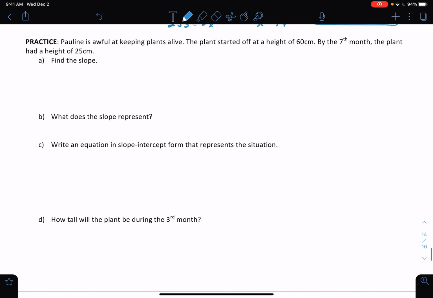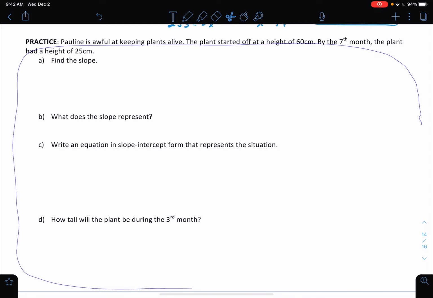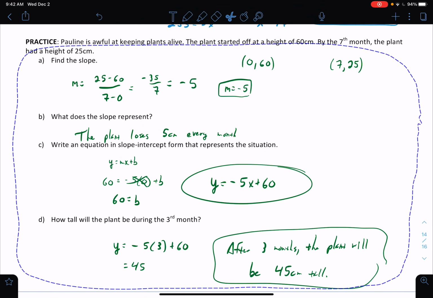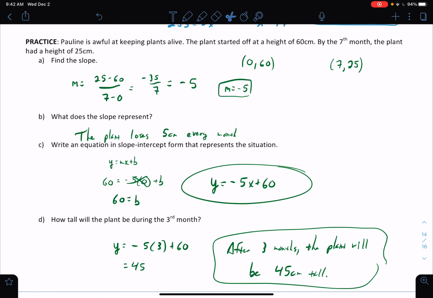Pause the video and try it out. All right, there's your answer for the practice problem. Your 2 coordinates, what the slope represents, what the equation of the line is, and how to use that equation of the line.